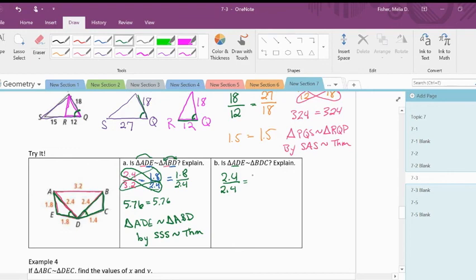So DE is 1.8 and DC is 1.4. We can tell right away that this is not equal on either side. So the triangles are not similar.